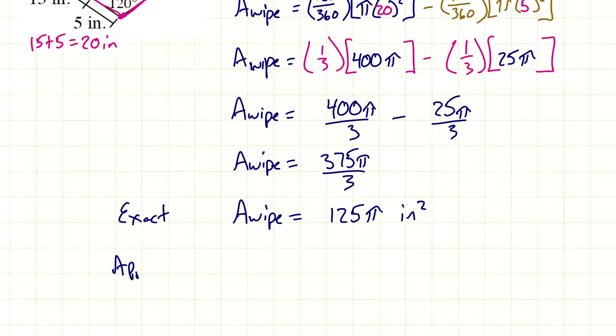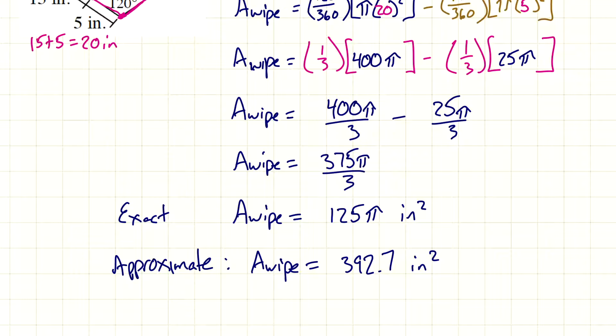Let's approximate, run this through the calculator. So approximate, area of the wipe is equal to, I believe if you put that in the calculator, 125 times pi, it should give you 392.7 inches squared. All right, so here's two ways of writing your answer.